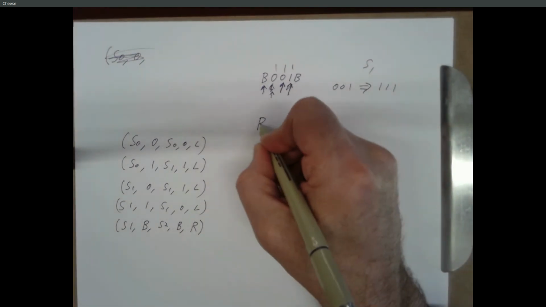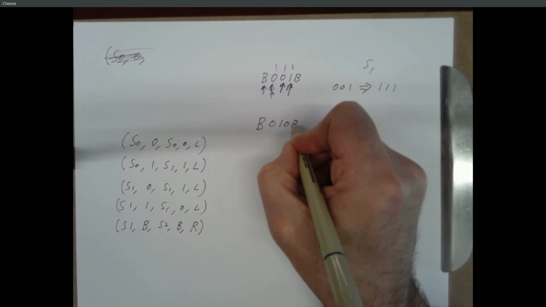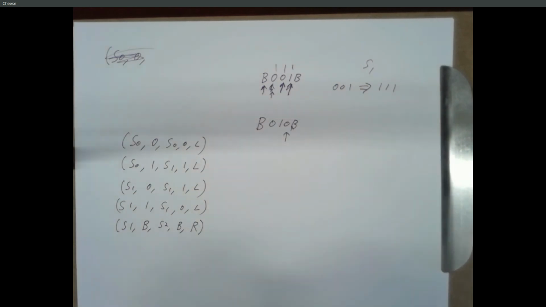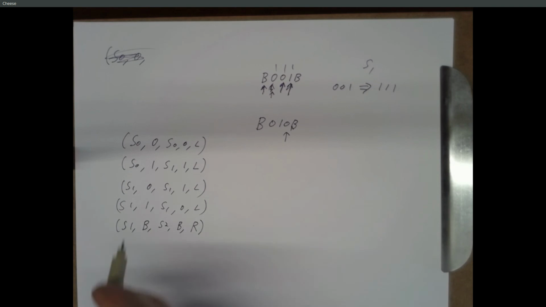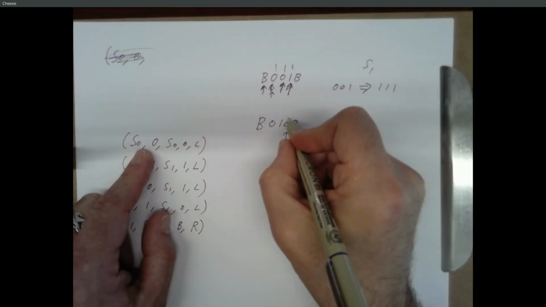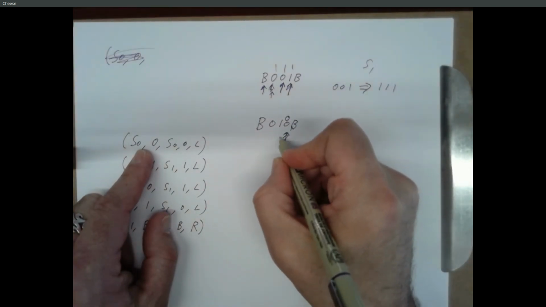All right, so what if our input looked like this? 010. We're starting in S1. Starting in S0. Does it put out 101? I don't know, does it? So we're in state 0, there's a 0. We're going to write a 0. We're going to move left.